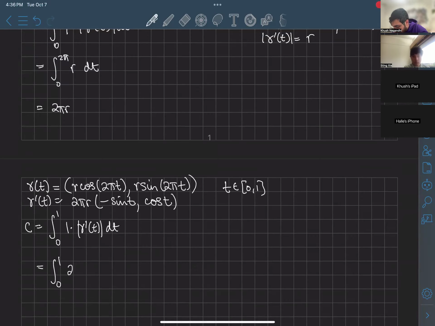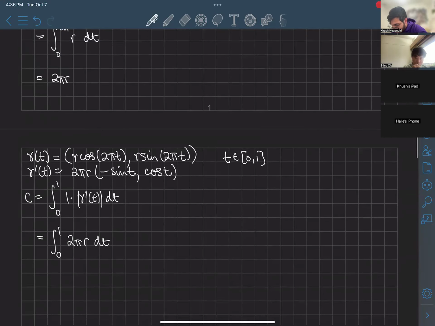But the norm of this is simply 2 pi r. Okay. So we see that in the two examples I've given, the parameterization of the circle didn't matter. So the length was independent of parameterization.